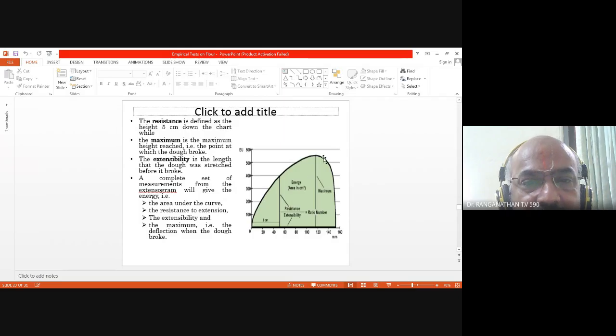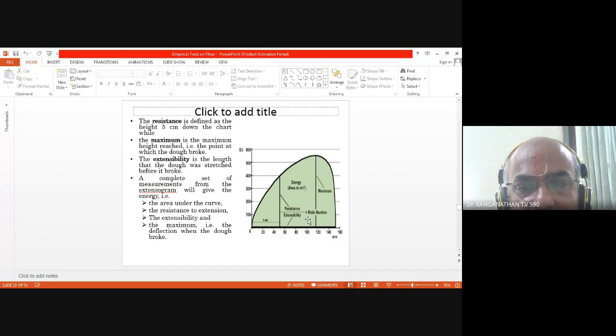So resistance is defined as the height 5 centimeter down the chart, while the maximum is the maximum height reached. Resistance is here, and this is the maximum that is available. Extensibility is the length that the dough was stretched before it broke.